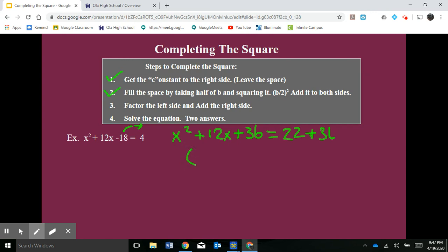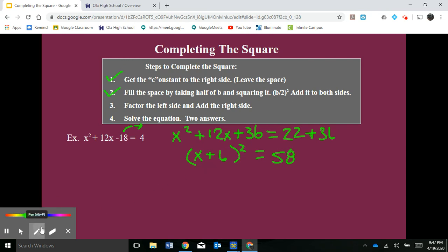It will always factor to a parentheses squared. And this number will always be the square root of this number. So x plus 6, and it will always be whatever that sign is. 22 plus 36 on this side is 58.